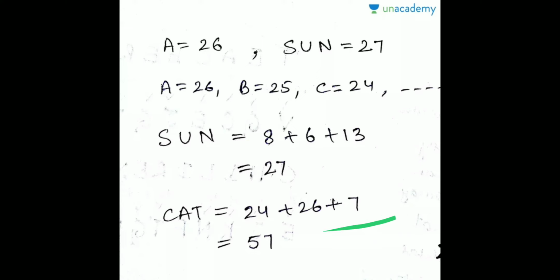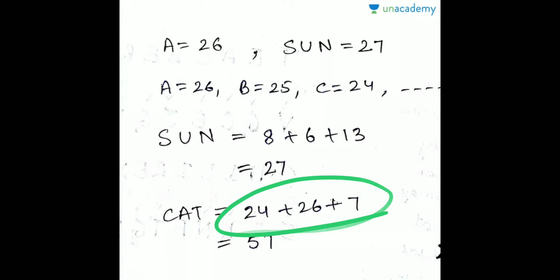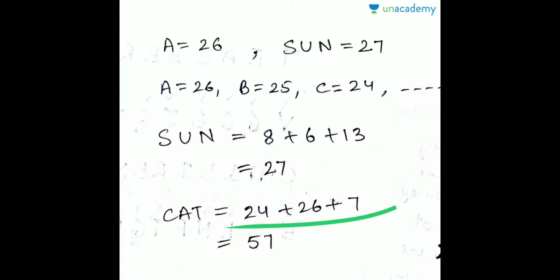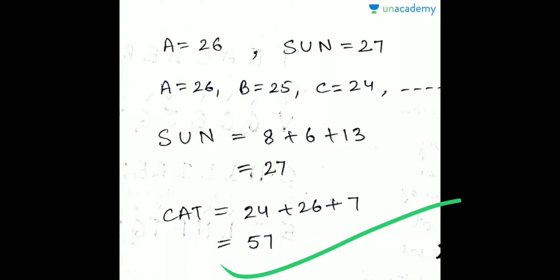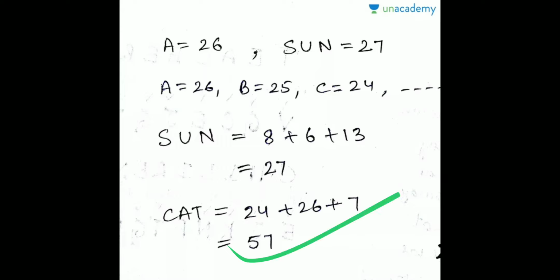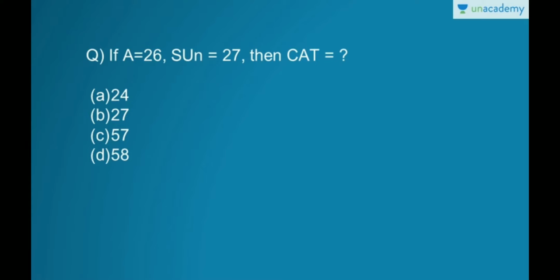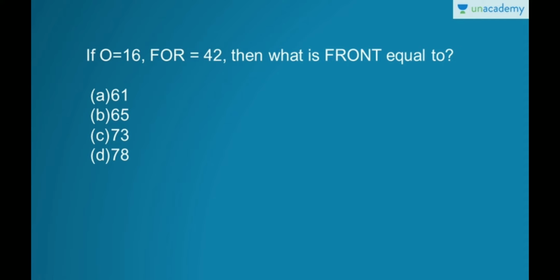So you got the value of T. Now add all these. After adding all these, you will get your answer as 57. So your answer over here is 57. That is option C.